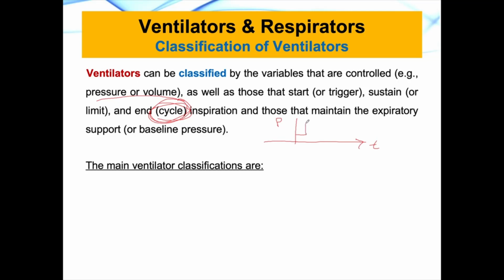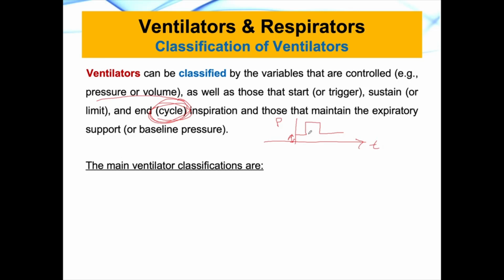We have to maintain a baseline pressure here at the end of the expiratory cycle. If you recall from the previous videos, we talked about the volumes and capacities of the lung. We should remember now that the volume or the pressure inside the lungs does not go back to zero, or the volume of air doesn't go to zero.